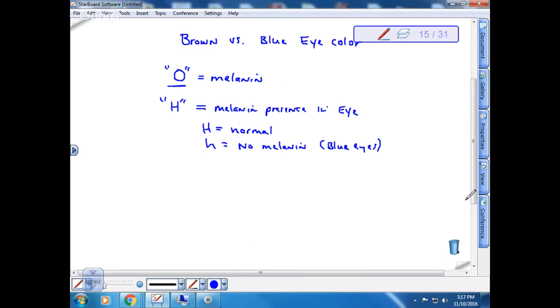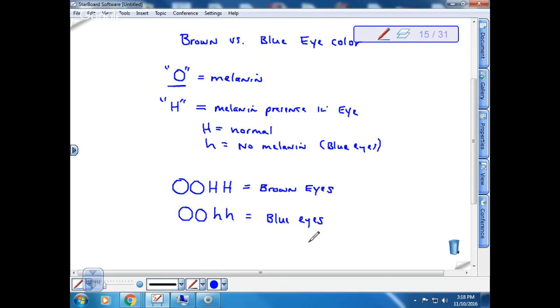So when we look at the evolution of eye color, in the past, everybody was this. Right? This would produce brown eyes. However, we could have this combination, and these two genes interact to give us blue eyes.